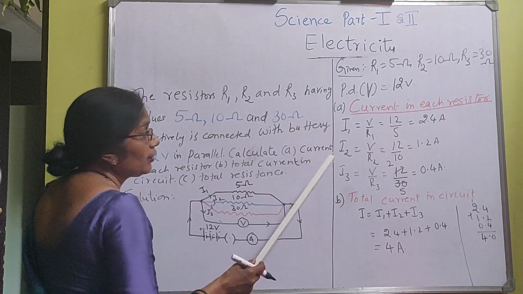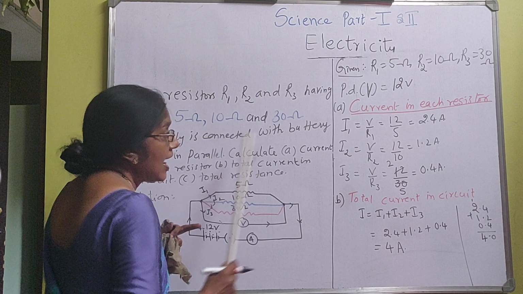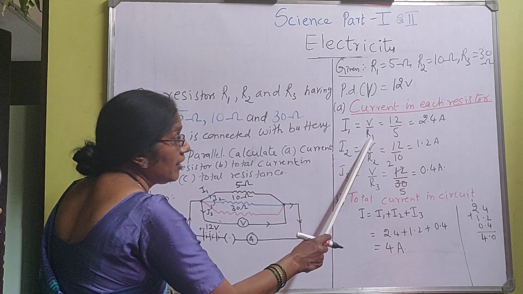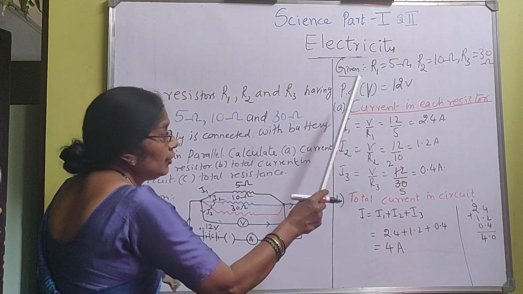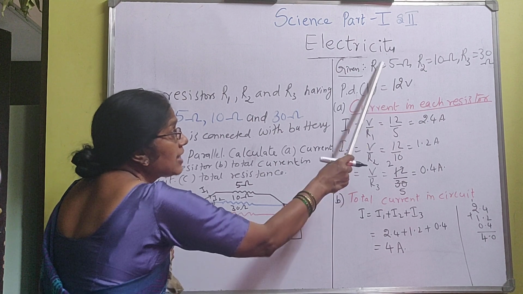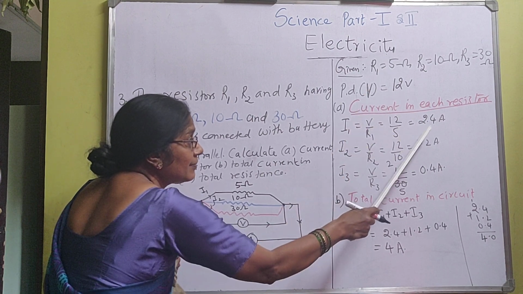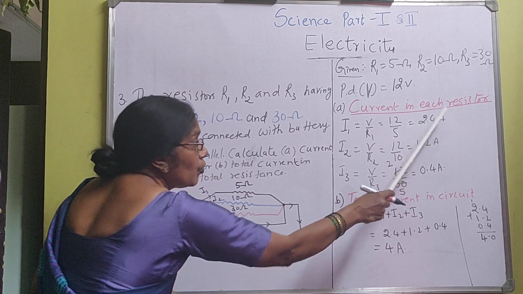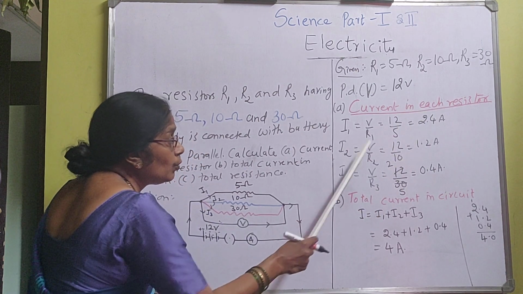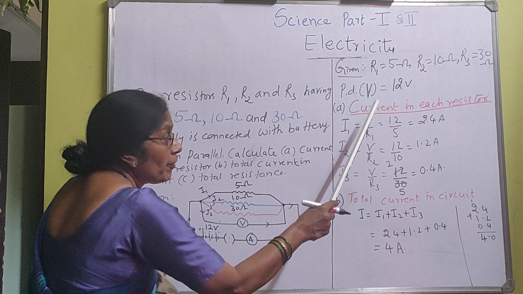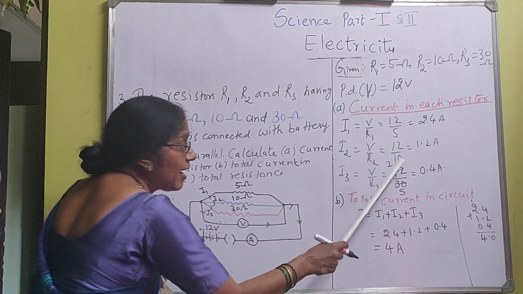According to Ohm's law, I1 is equal to V by R1. V is 12 and R1 is 5, so 12 by 5. Reduced to a decimal, we get 2.4 amperes. What is I2? V by R2. The potential difference is the same: 12 by 10.